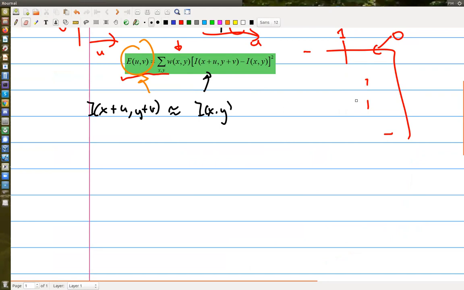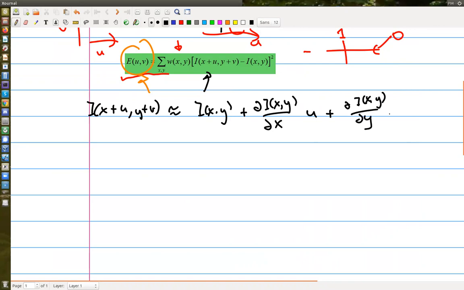So I need to expand along two directions, so I have two partial derivatives here. I(x,y) plus the partial derivative with respect to x times u, plus the partial derivative with respect to y times v. Maybe I shorthand this as Ix and Iy. This is the partial derivative in the x direction and y direction. So in practice, this is just computing the derivative of the image, right?